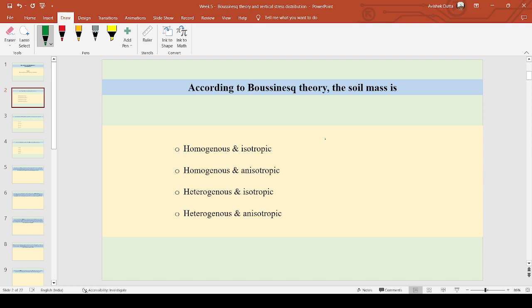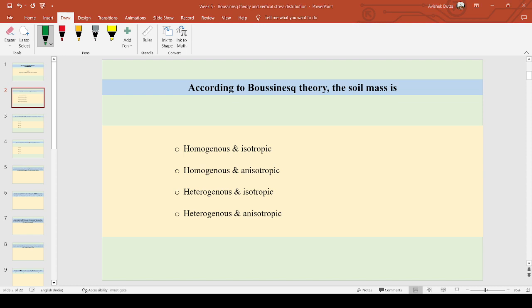Firstly, between homogeneous and heterogeneous soil, always for vertical stress distribution, a homogeneous soil is considered, because if we consider the heterogeneity of soil, then we have to consider the properties of the individual layers or individual constituents of that particular soil. So, in order to simplify the theory and the concerned equations, a homogeneous soil is considered.